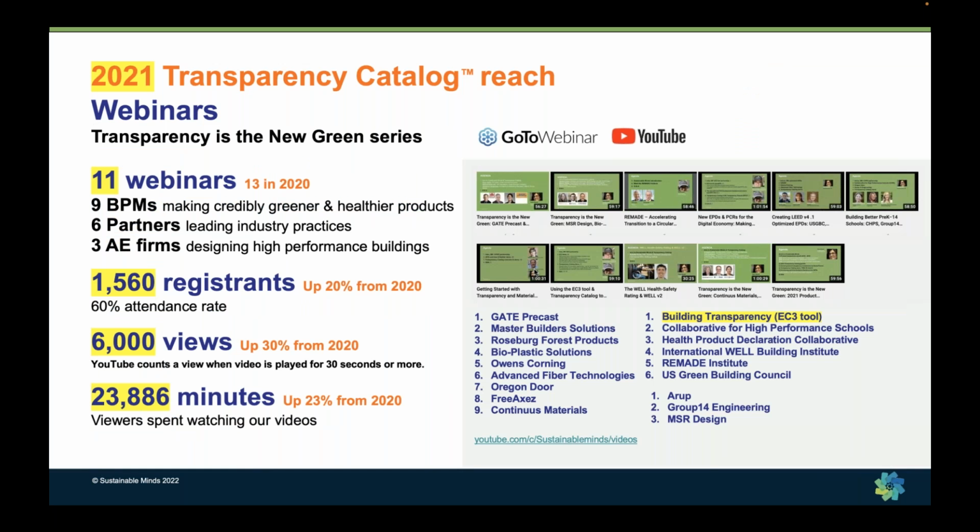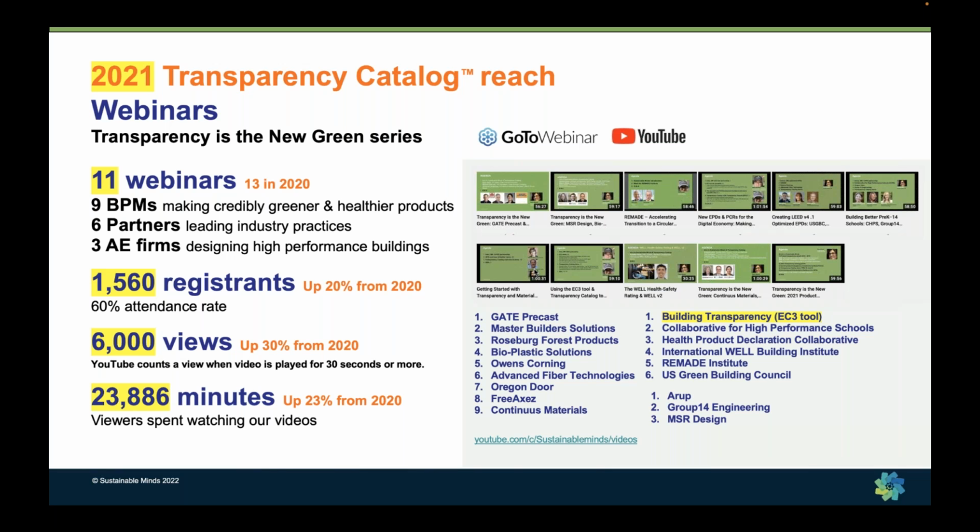We have to update this slide with last year's webinar results, which were even more profound than the year before, but this just gives you a sense of the number of webinars that we produce and the number of attendees, registrants. But the really surprising thing is how frequently these webinars are viewed on YouTube after they've been done.